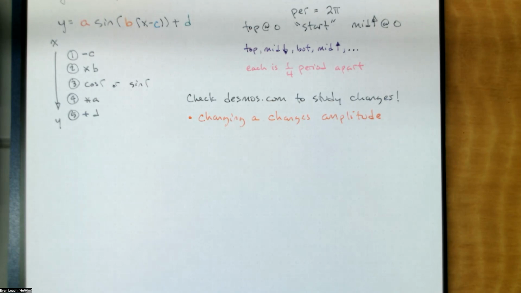When A went negative, we went to the opposite of the start. Instead of the top, we start at the bottom, or instead of the middle going up, we start at the middle going down. When A is negative, we use the opposite starting point.